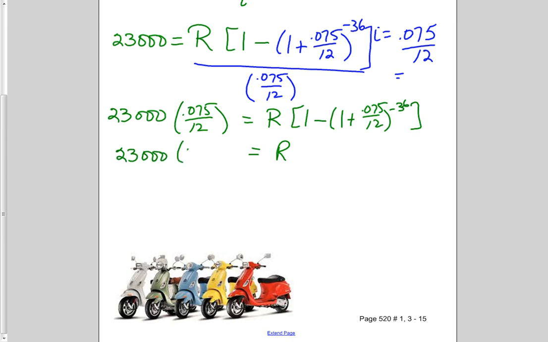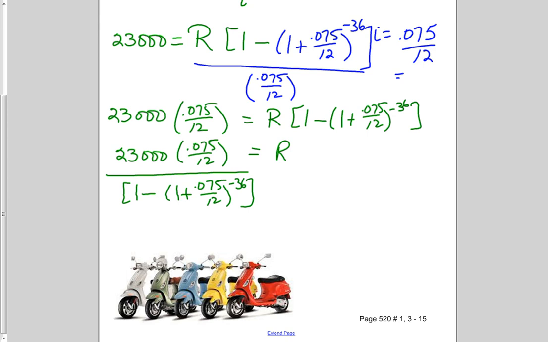And the less rounding I do, the more accurate my answer will be. So I've got that divided by this. It will still be rounding. It's still money, so we round to 2 decimal places. 715.44.